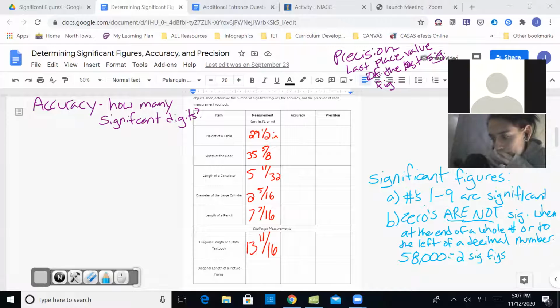It's still 58,000. I'm not saying that we get rid of those zeros completely. It's when we go to look at accuracy and precision, those zeros don't account for very much.